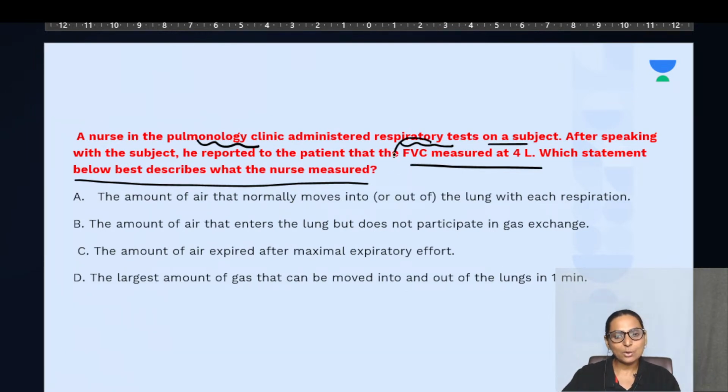So we are speaking of FVC, and what is the correct answer? Yes, very good. Fun mode has given the correct answer. Muntazir, very good.